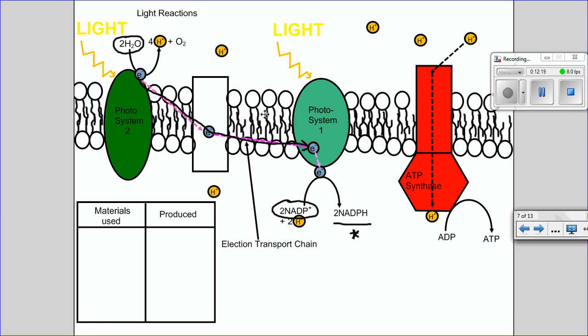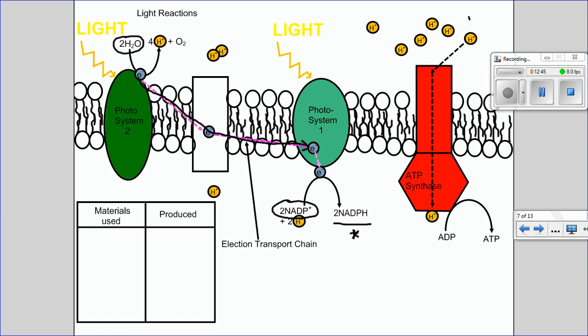Now, after we've created our NADPH, the hydrogens from our water, so you've got 4 of them, 1, 2, 3, 4, come over here to an enzyme, hence the name that you guys see. It's called ATP synthase. And my hydrogens come over here and create something we call a hydrogen gradient.